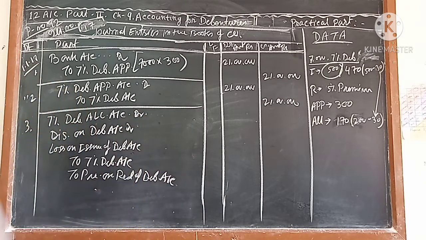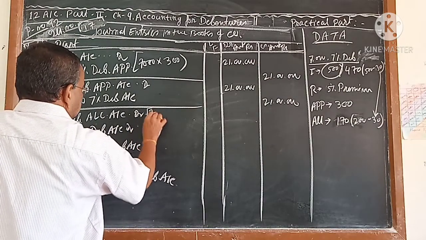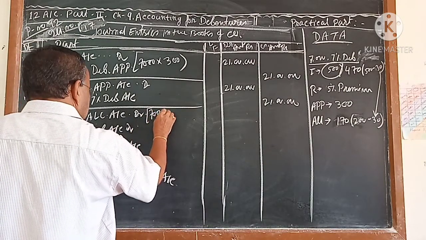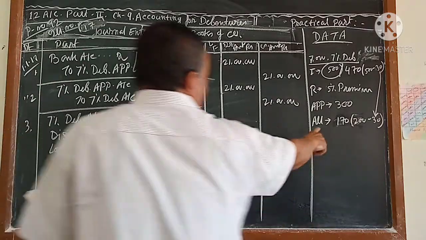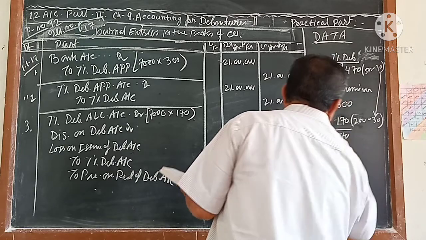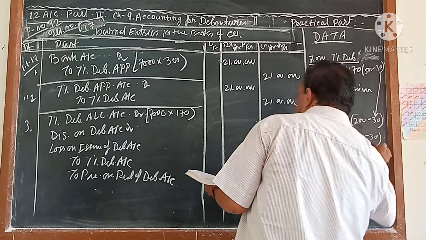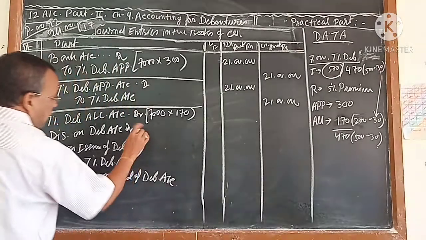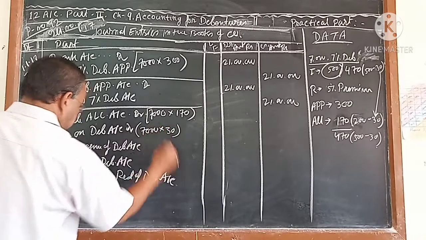This is the data which we have to carefully pay attention to. This is 7,000 into 170, because we are going to call 170. Total 470. How does 470 come? 500 minus 30. This 30 rupees discount is there. 7,000 into 30.